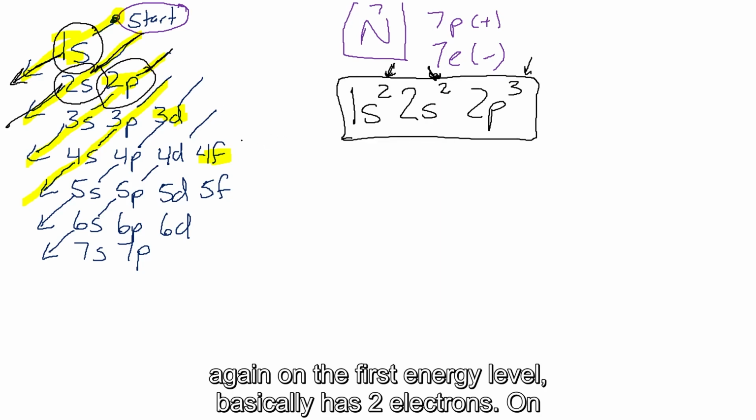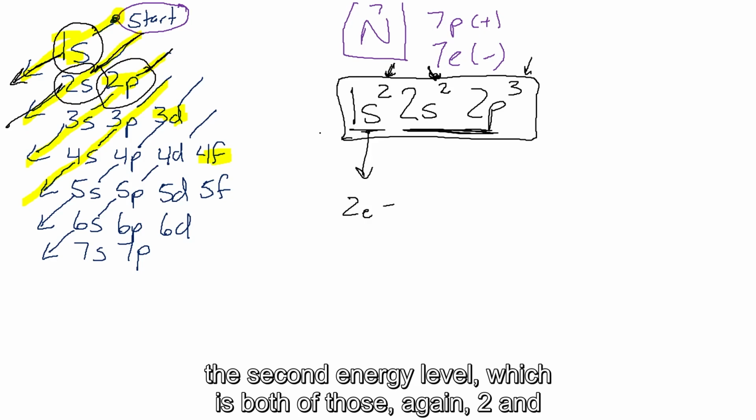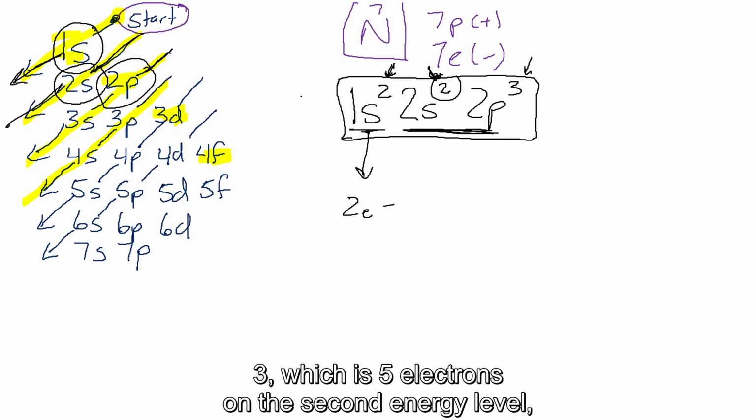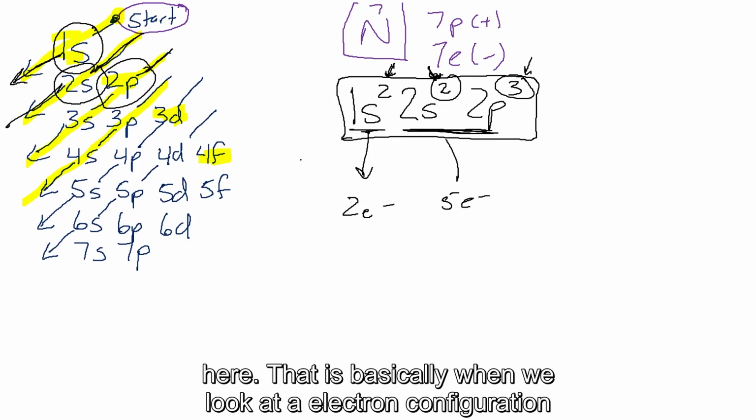And again, the first energy level basically has 2 electrons. On the second energy level, we've got 2 and 3, which is 5 electrons on the second energy level here.